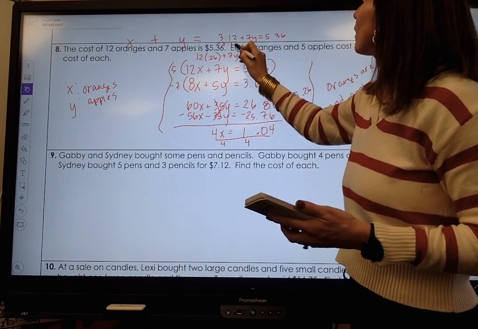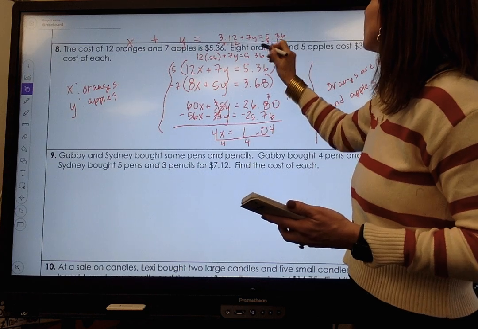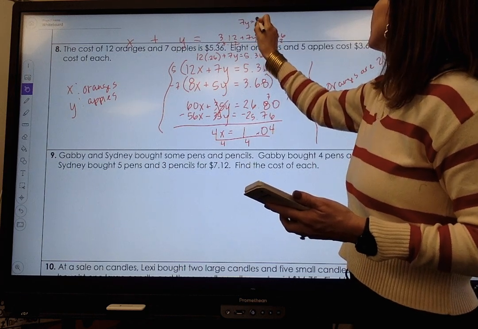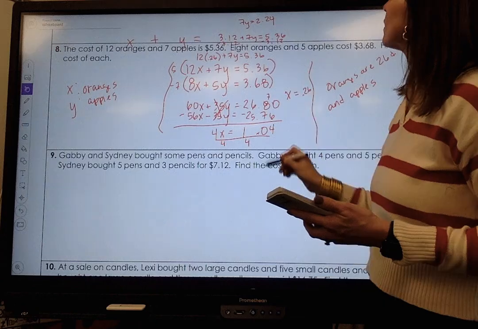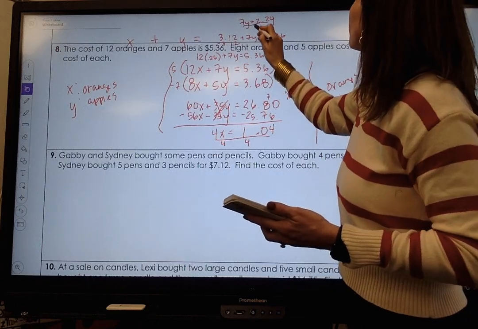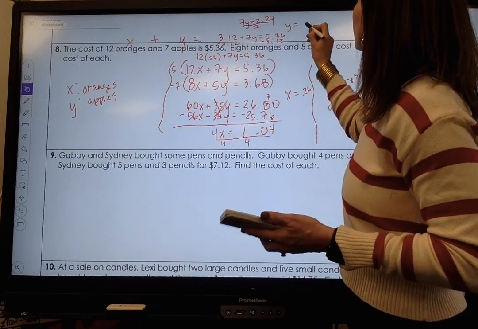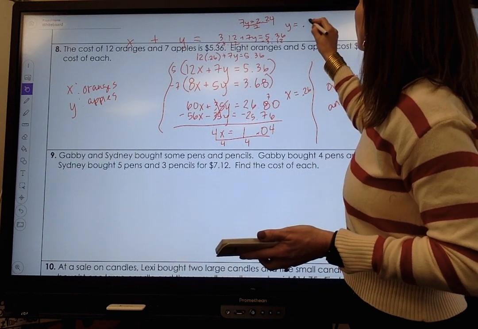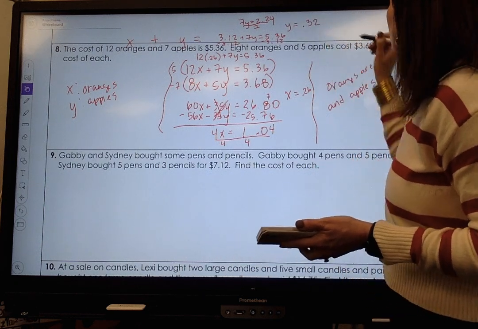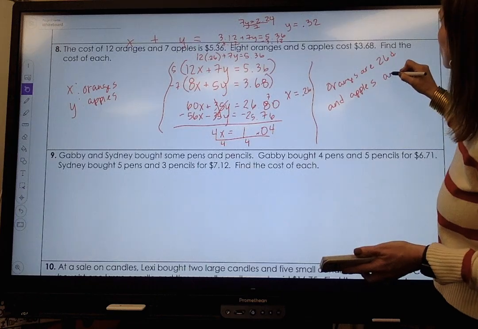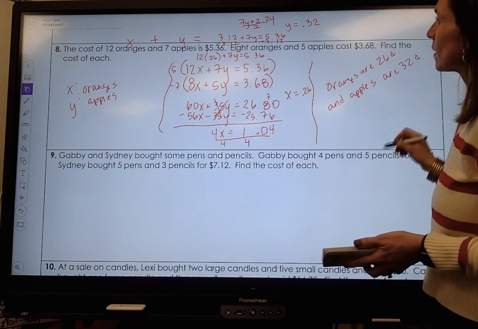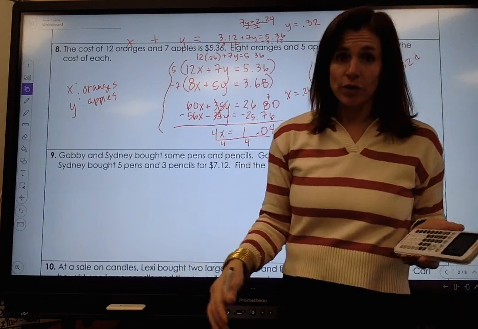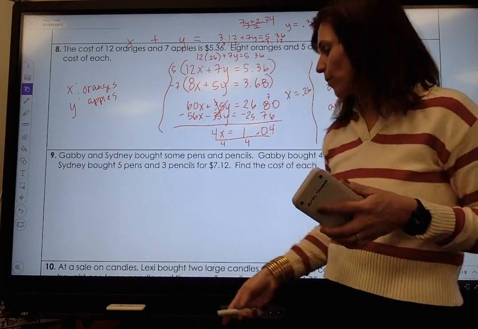I'm going to subtract 3.12 from both sides, and I get 7y equals $2.24. And then when I divide by 7, I get y equals 0.32. So apples are 32 cents. So you have a calculator to make those numbers easier for you, okay?